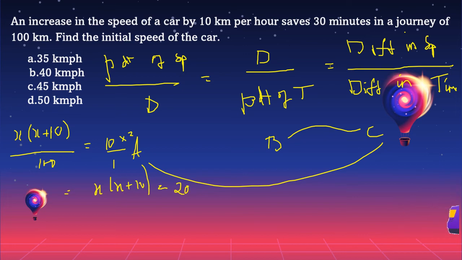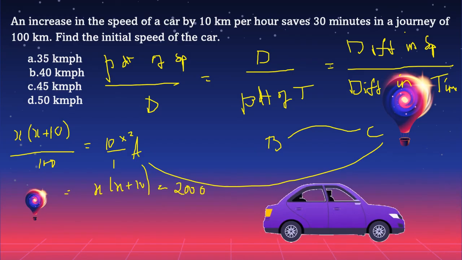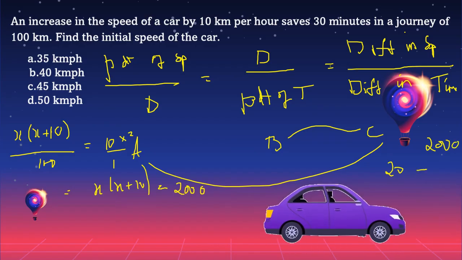And don't ever try to form a quadratic equation here. You are just going to find two numbers whose product has to be 2000 and whose difference has to be 10. Let's factorize 2000. 20 into 100 gives you 2000, but the difference between them is 80.